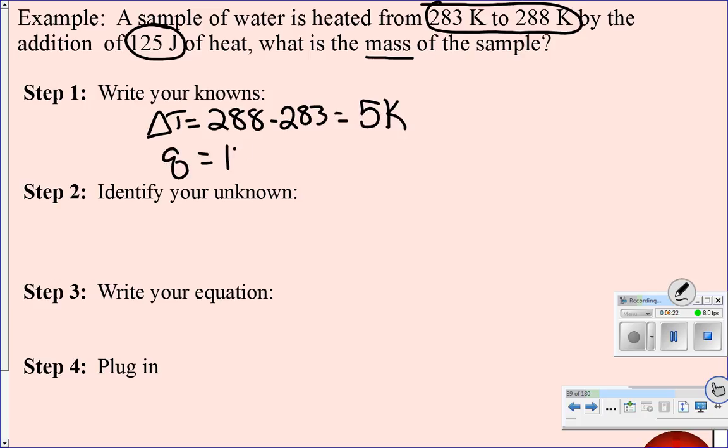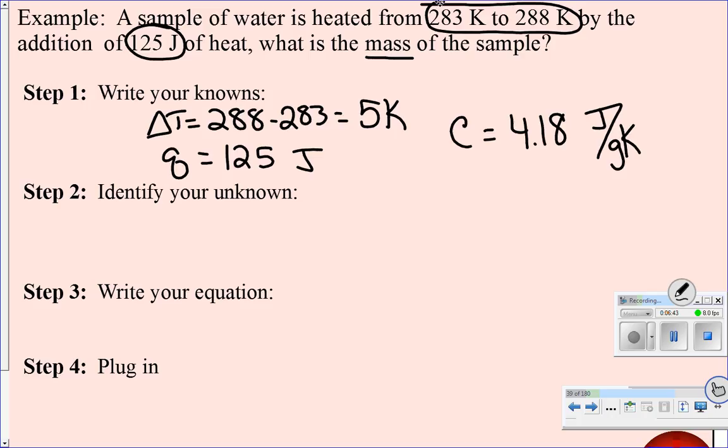I have a Q value of 125 joules. I do know one other thing. Thinking about what formula I'm going to use tells me that I'm going to need my specific heat value, or my C. That's on table B on the front, which is 4.18 joules per gram Kelvin.